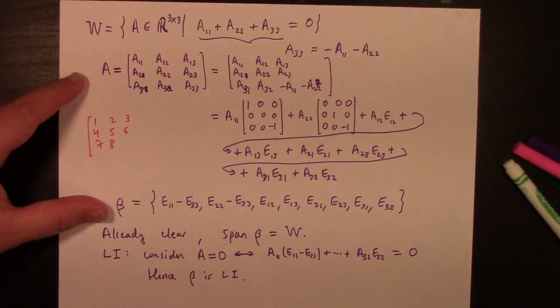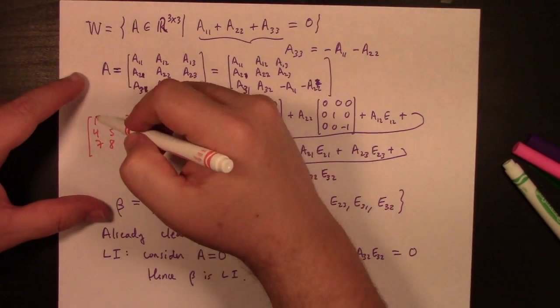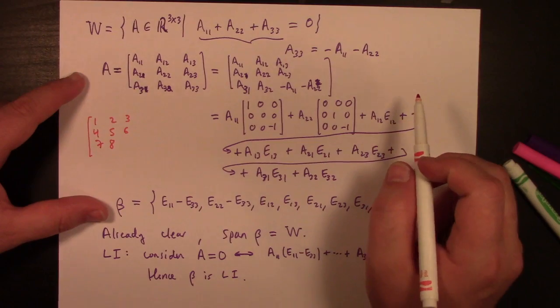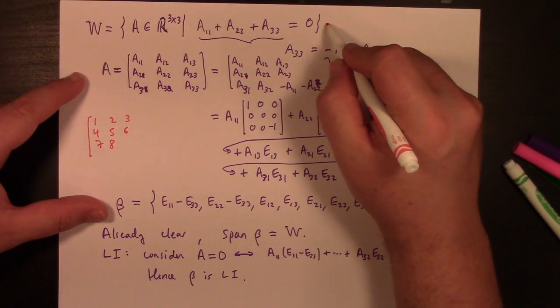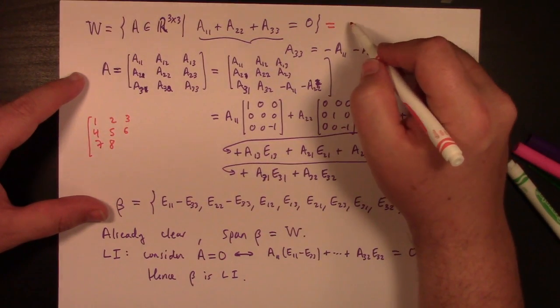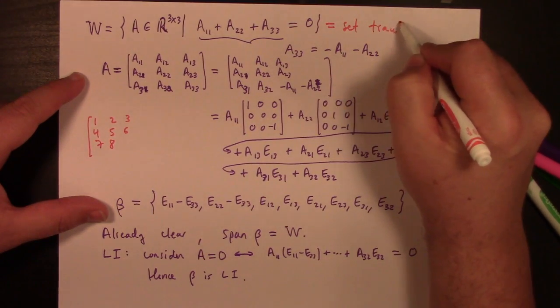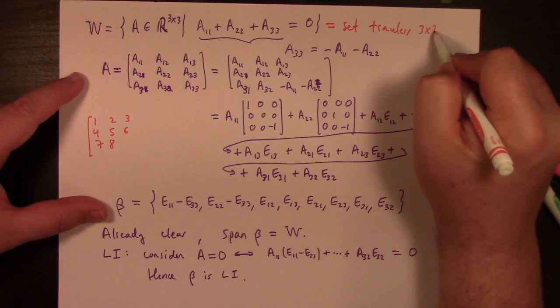I can't just put anything here. I need this thing to be what's called traceless. This is actually the trace. In fact, you could look at W as being equal to the set of traceless 3x3 matrices over R.